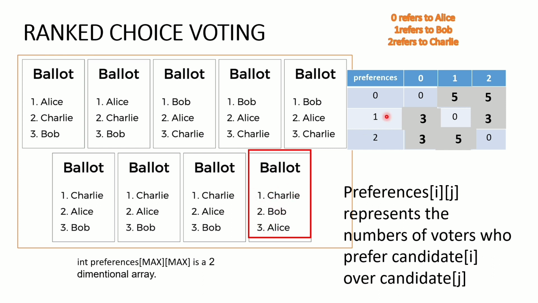Charlie over Bob and Alice, so 2 over 0 and 1. 2 over 1 will be 6, and 2 over 0 will be 4.